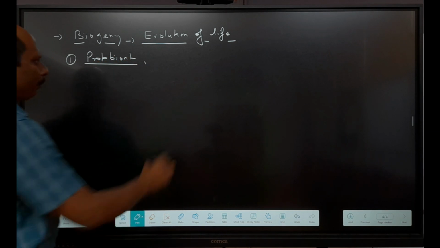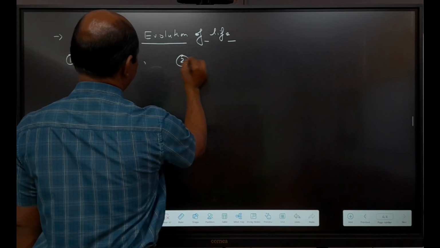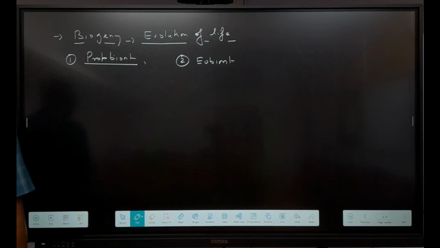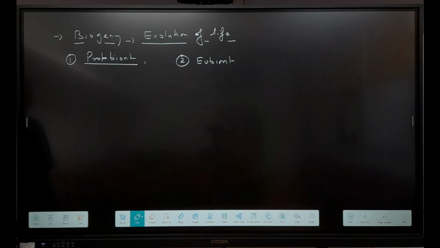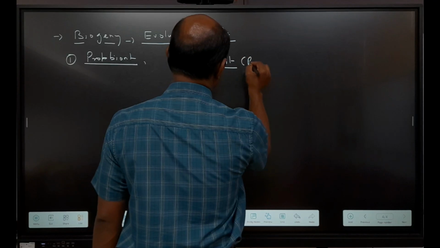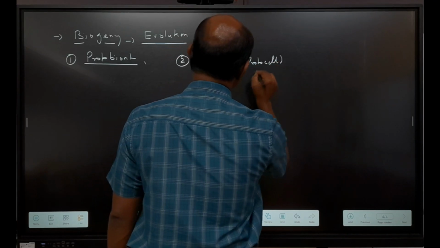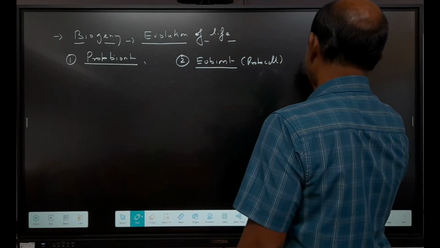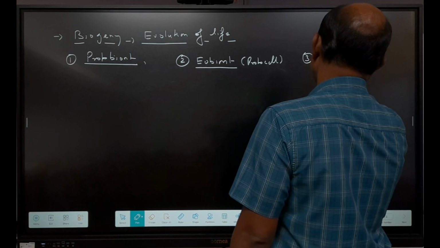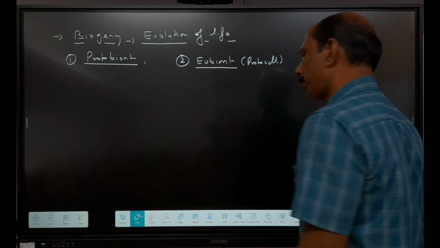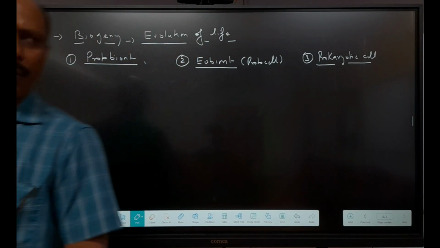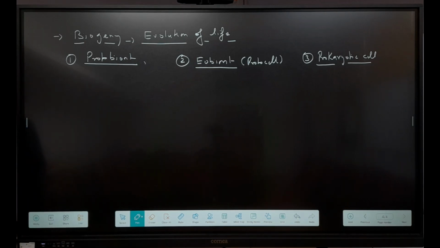Second step is eobiont. Eobiont means non-cellular form, also called protocells. They are not actually cells, but we can say they are protocells. And third is formation of prokaryotic cell, or first cellular forms. 3 steps are there.